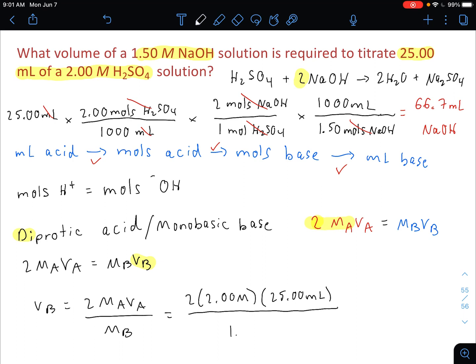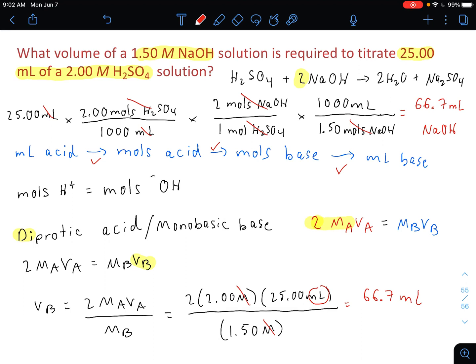And then the molarity of the base is 1.50 molar. Looks good, right? Because molarity cancels molarity, and I'm left with milliliters. When I multiply all of that out, I'm going to get basically 100 in the numerator and then 1.5 down below, so 66.7 milliliters.